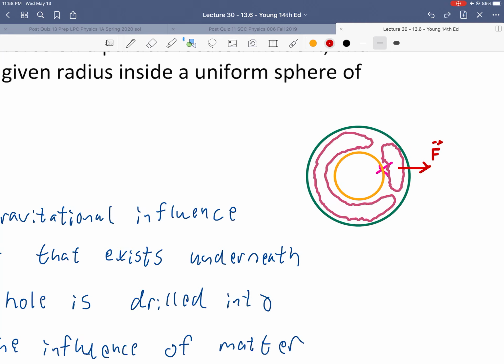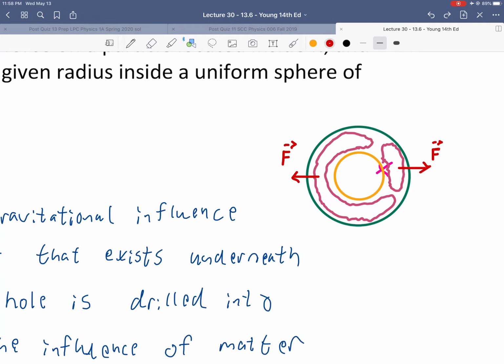So this would create a force in this direction. And thus, all those forces of the matter that's above your head cancel out, because some of it in this case is to the right and some of it's to the left, and there ends up being an exact cancellation.